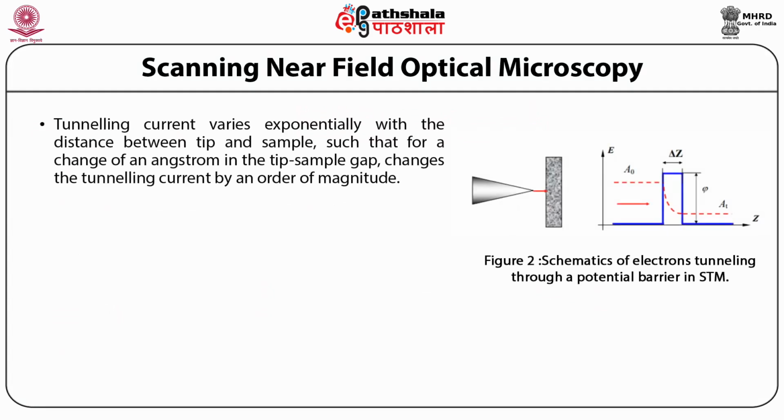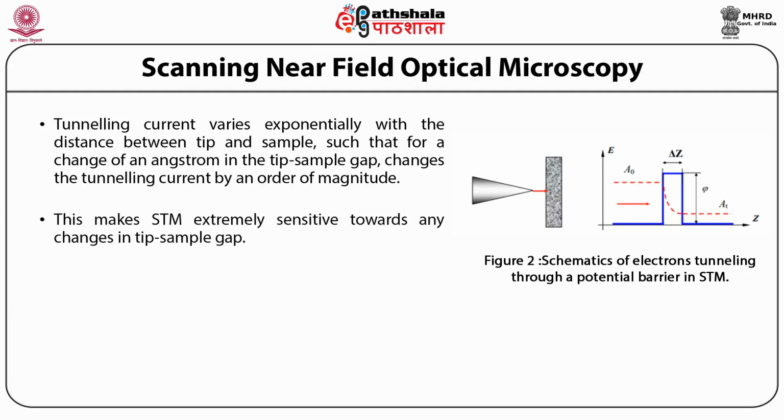The tunneling current varies exponentially with the distance between tip and sample, such that a change of an angstrom in the tip-sample gap changes the tunneling current by an order of magnitude. This makes STM extremely sensitive towards any changes in the tip-sample gap.